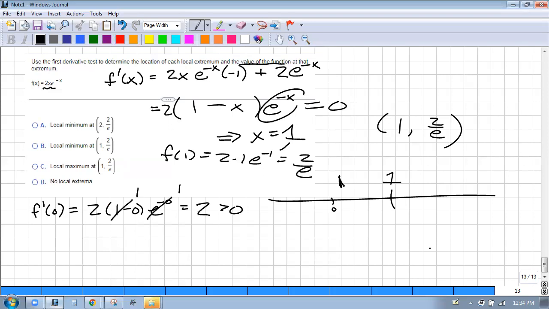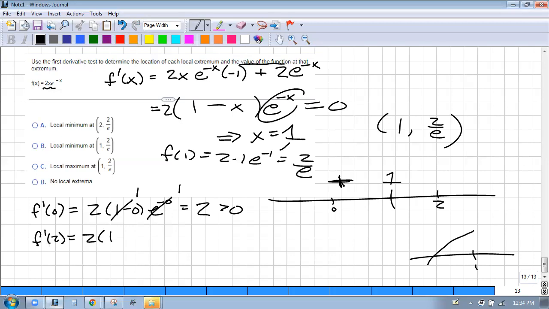So over here, we see the function is increasing. Here's the number 1. Let's see what happens now. If it continues to increase, it's an inflection point, right? It could increase and then increase. My guess is it's going to decrease over here. So let's find out. Let's plug in a 2.